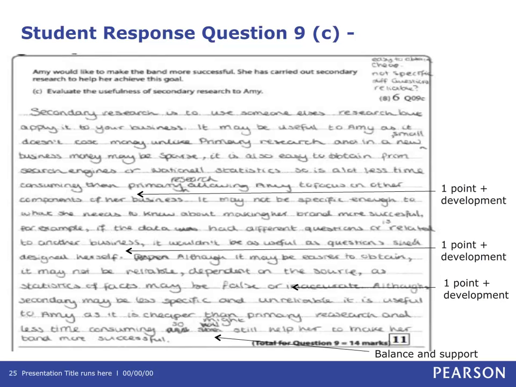Few students achieved more than 6 marks because the response was unbalanced, with more emphasis placed on the positives of this form of research and less on the negatives. Sometimes a conclusion was omitted. This sample response is an example of this type of answer. This response could have gained more marks had there been a more balanced argument and a clear conclusion.